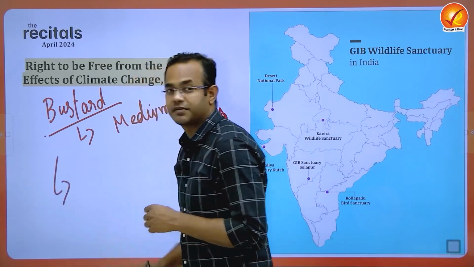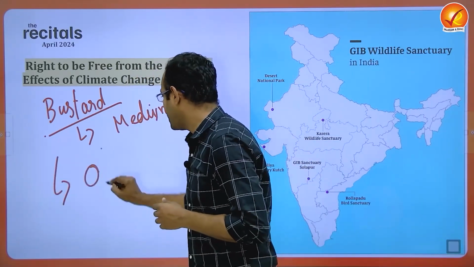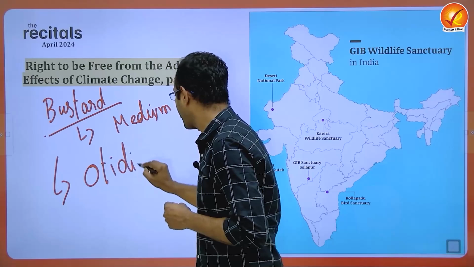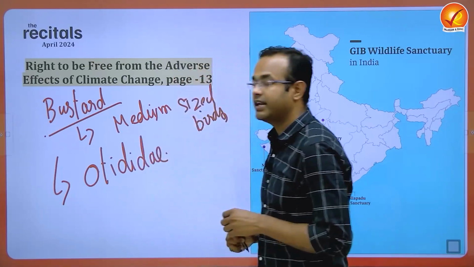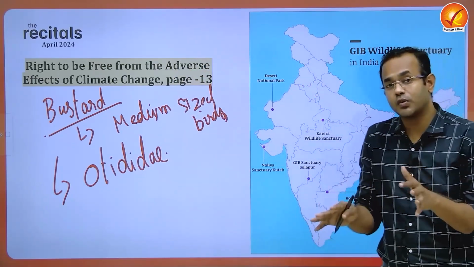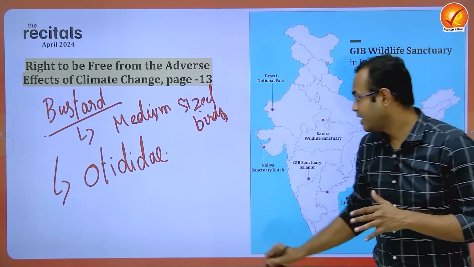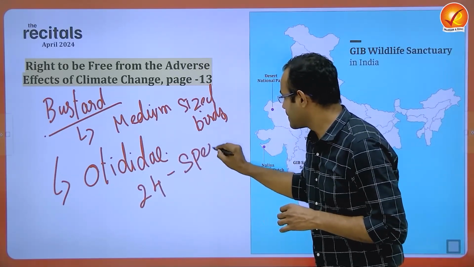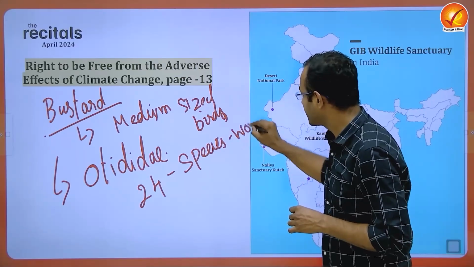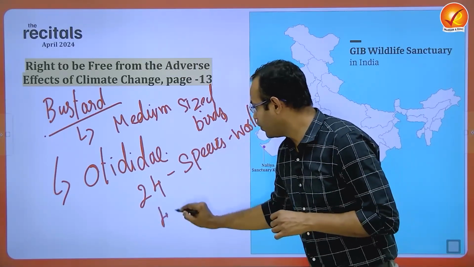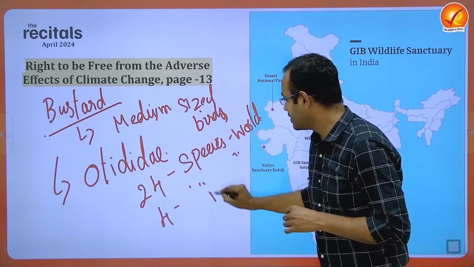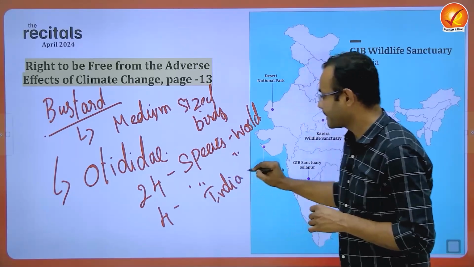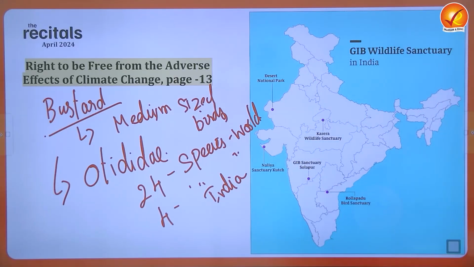To speak in scientific terms, they come under the family Otidae, and any bird belonging to Otidae will be called a bustard. We have 24 bustard species in the world and 4 species are present in India.